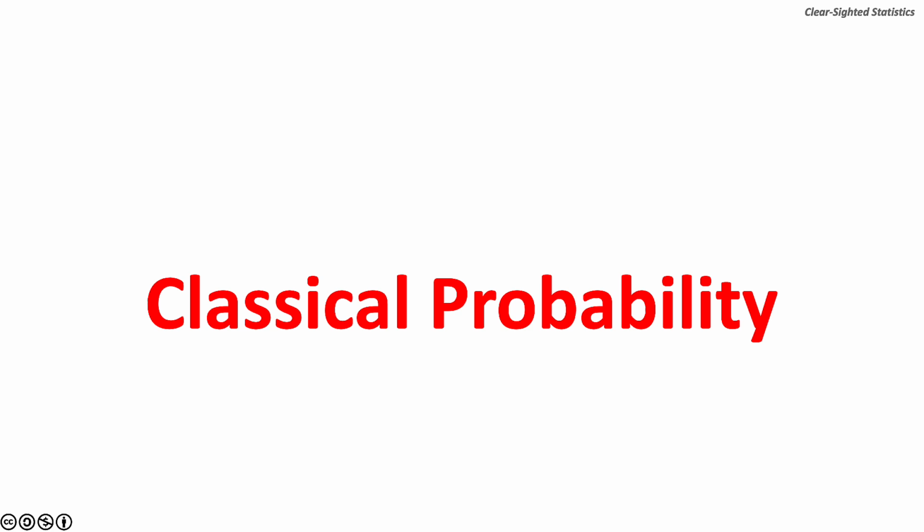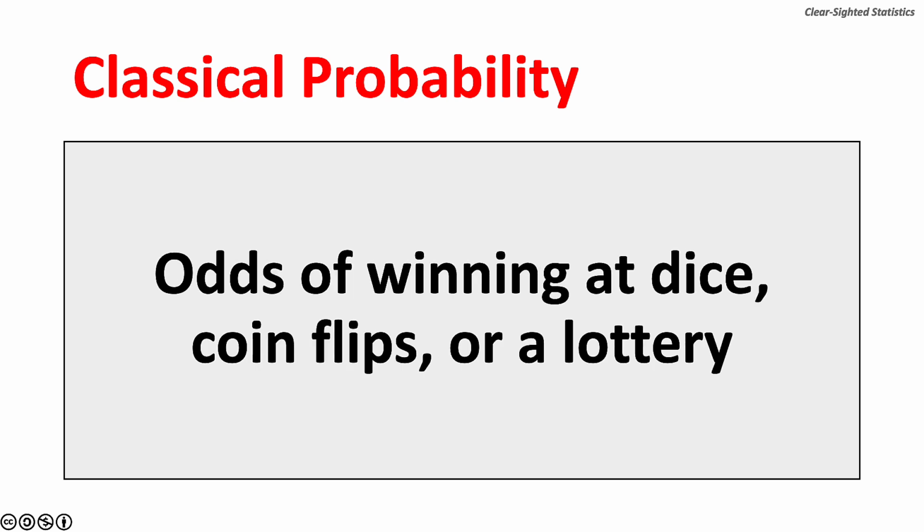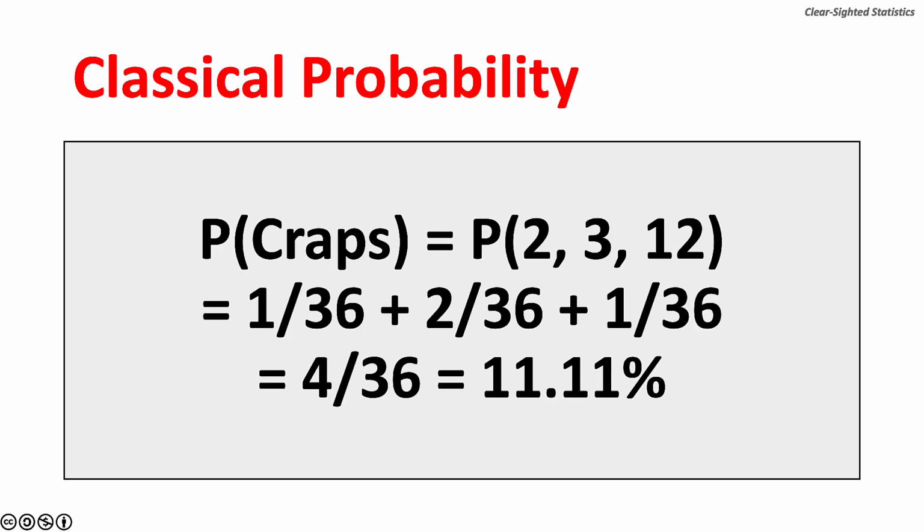Let's review classical probability. With classical probability, the probabilities of an event are known a priori, which is to say before the event. Classical probability applies to finding the odds of winning at dice, coin flips, or a lottery. Craps is a modern dice game in which the players bet on the outcomes of a roll of a pair of dice.